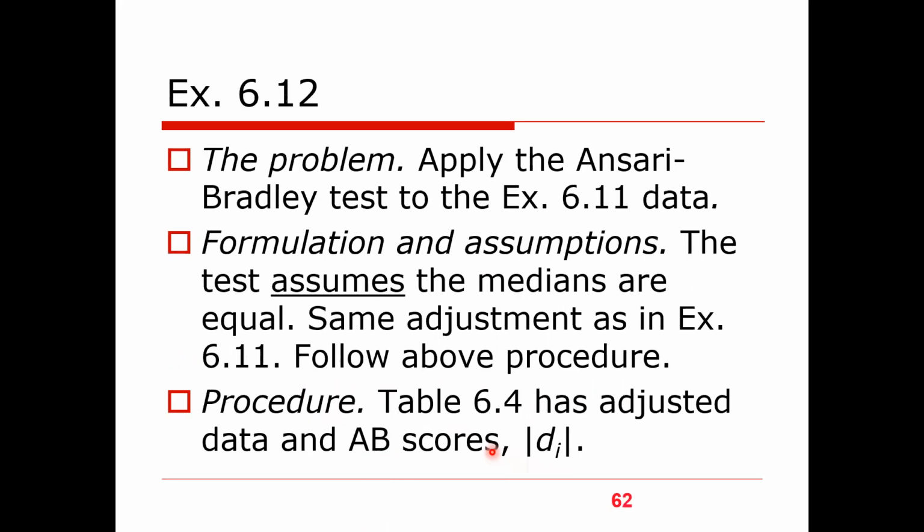And then the AB scores is actually the absolute value of DI instead of DI, because DI can be positive or negative, but what we care is only the absolute distance between an observation and the middle ranked observation. Therefore, we only use the absolute DI as the test statistic.